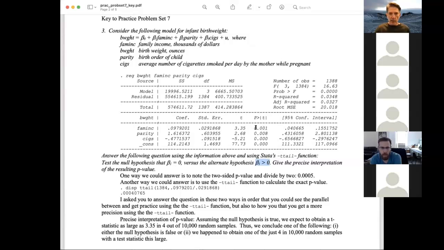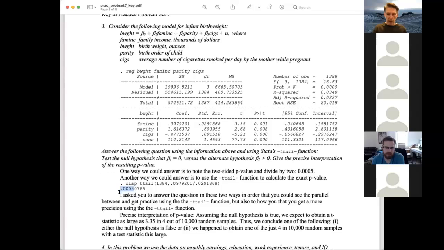One of the ways you can answer this was using this value, because the Stata p-value for the default two-sided test in this circumstance is not correct, but it's useful because we can divide by 2, and that would be the suggested p-value. I did also want you to use the t-tail function in this. If you're a little bit more careful and use the t-tail function, it's not a huge difference by any means, but you can be a little bit more precise about the p-value you obtain.